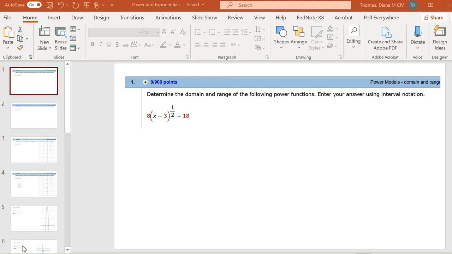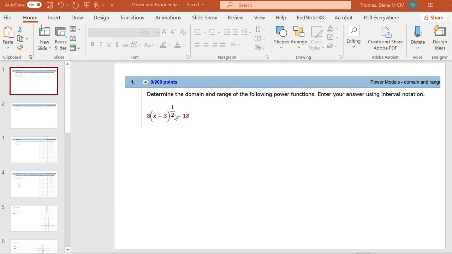So in this first question, we have domain and range of a power function. The first limitation Mathematica has for you is that when it is plotting these types of functions, it will give you the correct answer if you have a square root or any kind of root with an even denominator and 1 as the numerator.